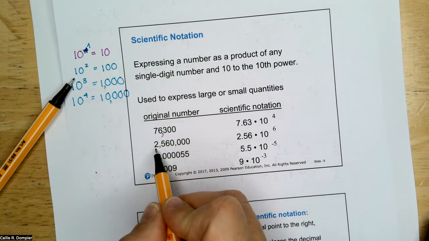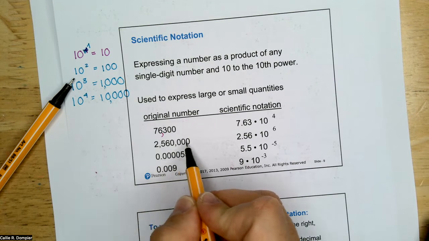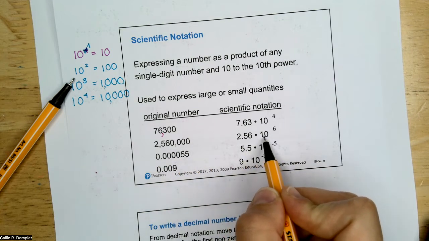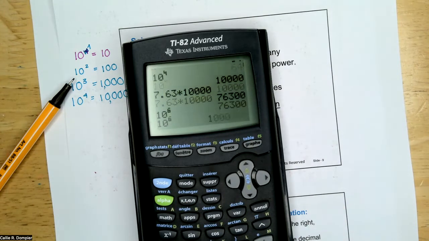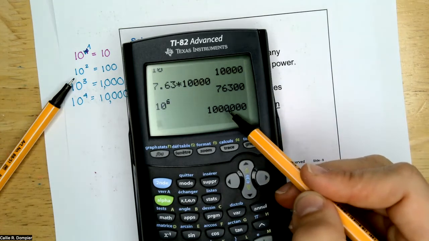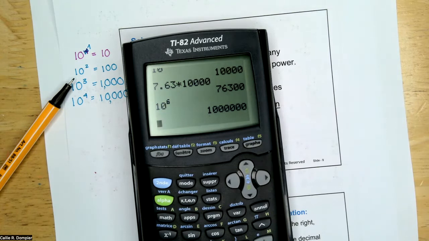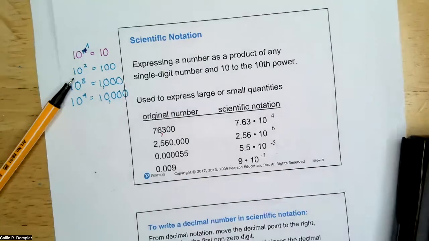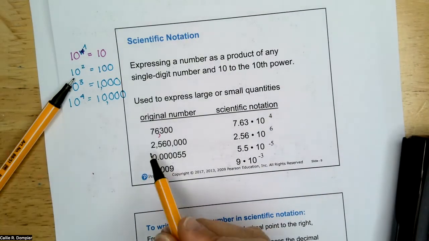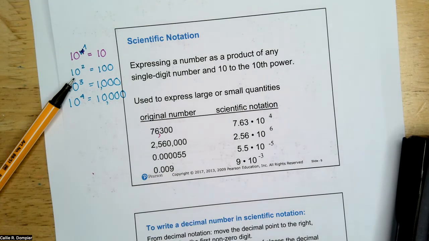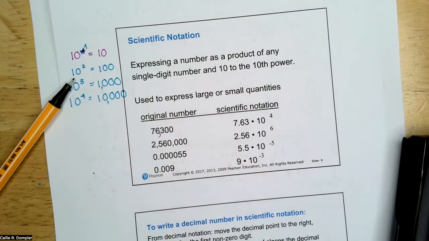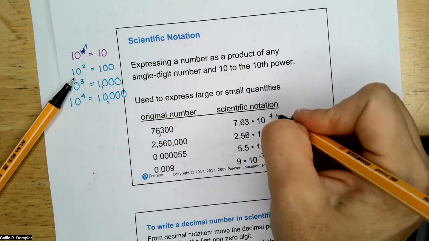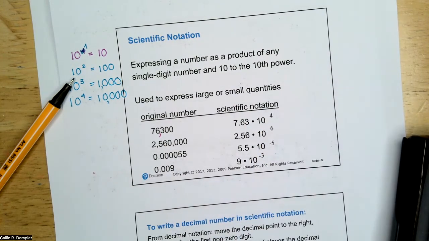So 2,560,000 is 2.56 times 10 to the power of 6, because 10 to the power of 6 is 1 million. Good. So 2.56 times a million is 2.56 million, right? That is the original number. That's how you would write it in scientific notation. I moved the decimal point 6 digits. Okay.